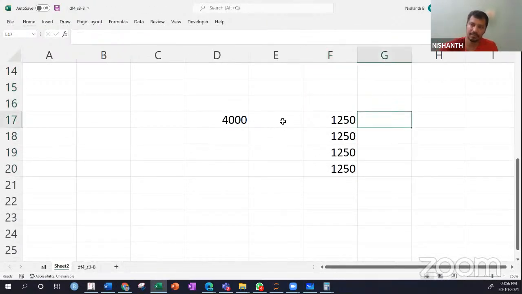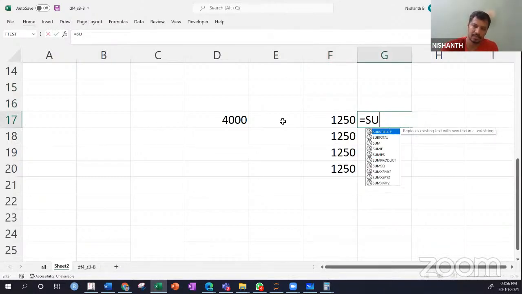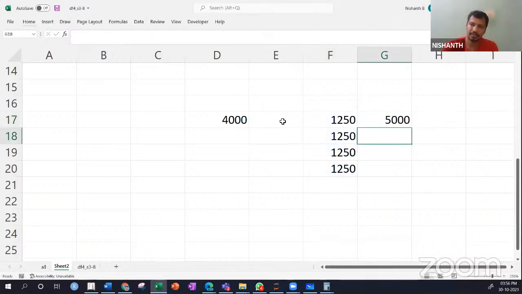If I pay 1,250 for the next 4 years, I am paying 5,000 rupees, whereas if you pay now, you are only giving 4,000 rupees. So which one is profitable is what you will ask. Should I give 4,000 or should I pay 1,250 every year? If you compare the total sum, 4,000 and 5,000, obviously 5,000 looks bigger, so you will say pay only 4,000 rupees.